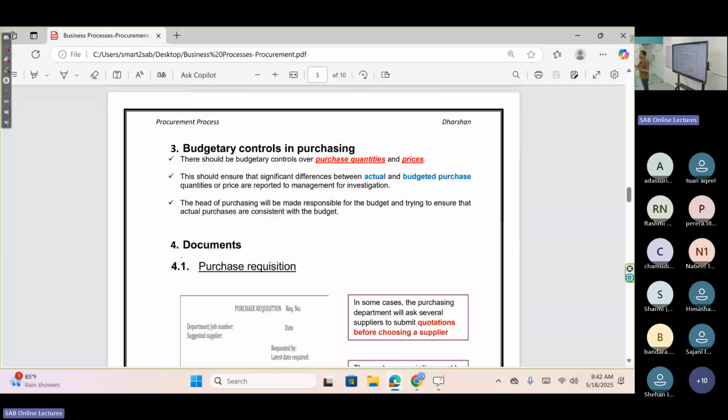Not only purchase cost and inventory holding cost, finally it will end up with the cost increment of the component. So, mainly in order to reduce cost, each and every organization has budgets.